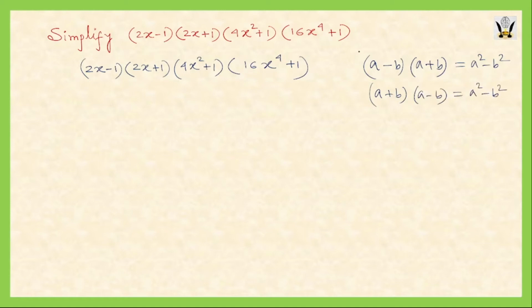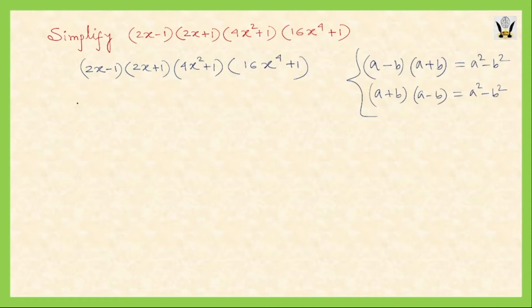Whenever we see this type of factors where we have like terms and the only difference is in their operation, like here we are performing subtraction, here we are performing addition, but both the terms are the same, 2x, here also 2x, here it is 1, here it is 1, it resembles the identity a minus b multiplied by a plus b, which will be equal to this format, a square minus b square.